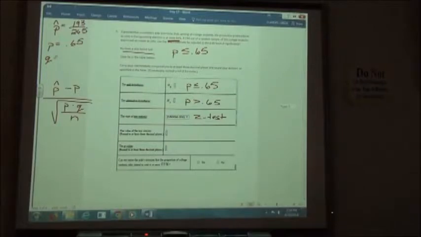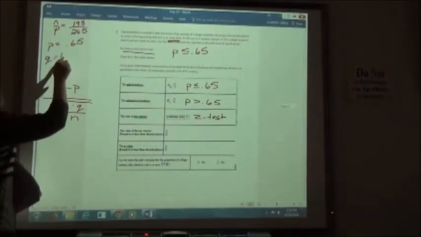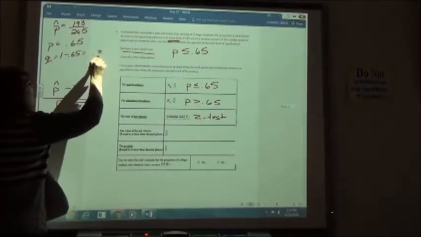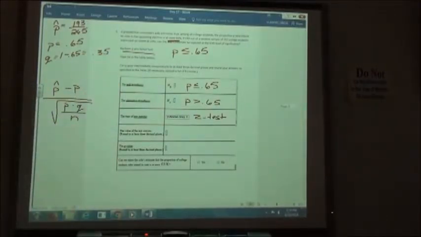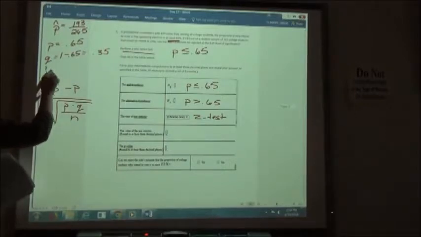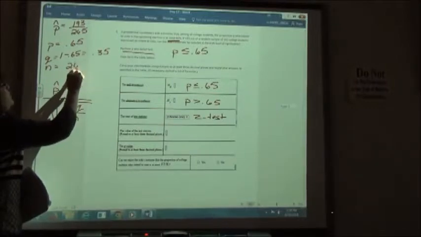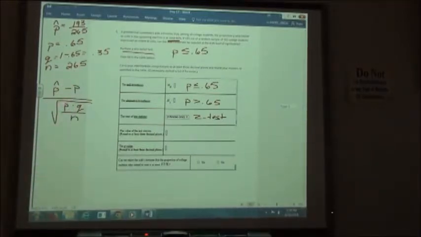Q is 1 minus P. 1 minus 65% would give me 35%, right? So 0.35 is our Q value. And our N value, N is 265, right? 265 were sampled.